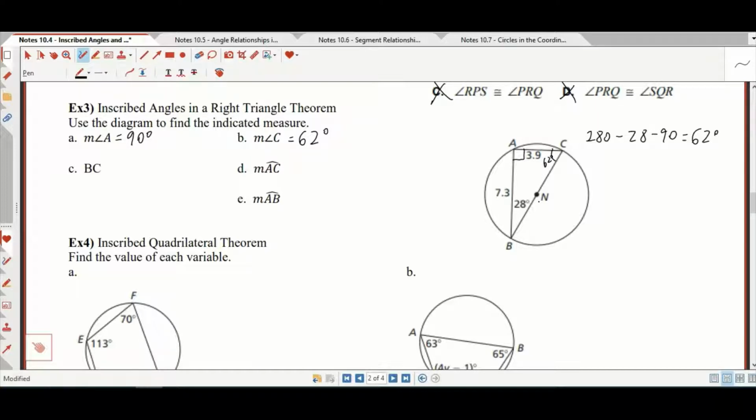The length of BC, well, I guess that's the diameter there. Since this is a right triangle, I can solve it. Leg squared, 7.3 squared, plus leg squared, 3.9 squared, is equal to the hypotenuse squared. And I'm just going to call that x, if that's okay. 7.3 squared plus 3.9 squared is 68.5.